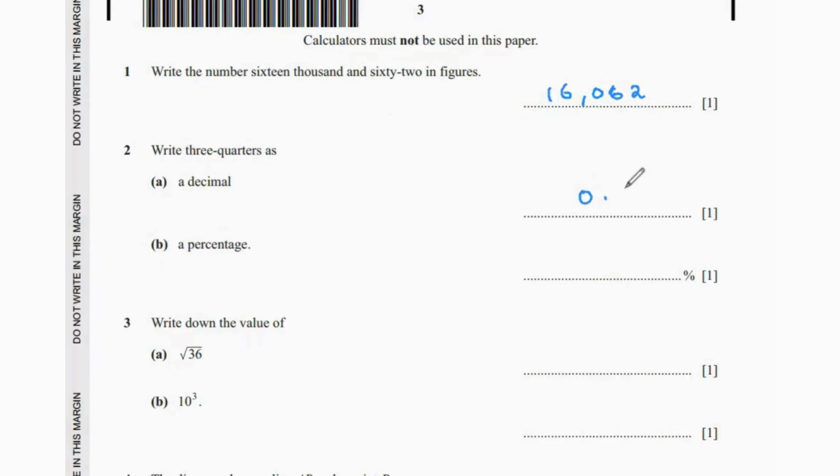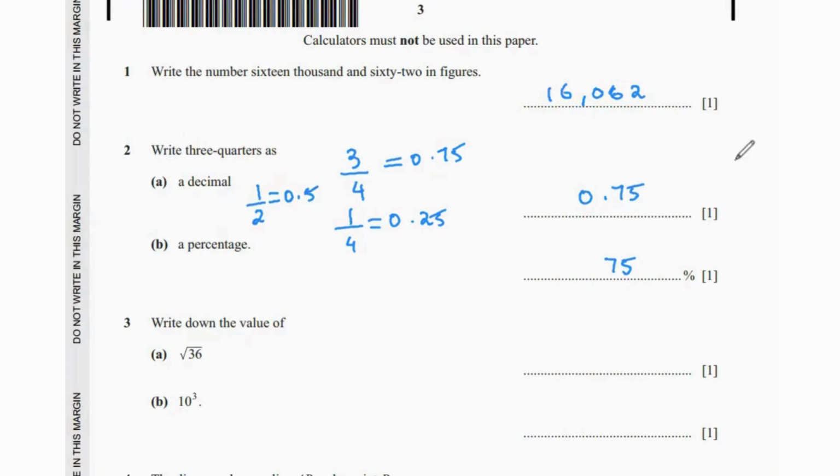So that's 0.75. As a percentage is going to be 75%. You need to remember the basic conversion of fractions to decimals. 3/4 is 0.75, 1/4 is 0.25, and half is 0.5. So you need to be aware of these.